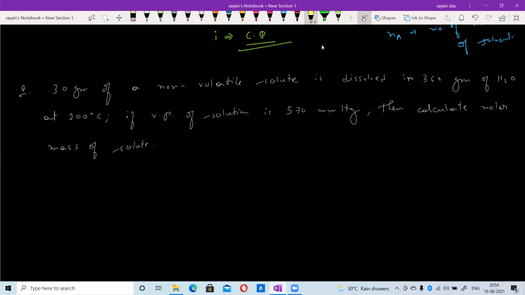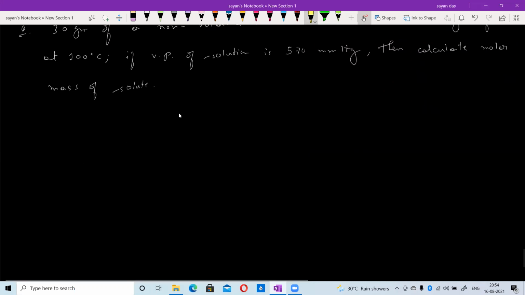Look, how can you solve? You know the formula: PA naught minus PA divided by PA naught equals XB. Instead of XB, you can write NB divided by NA plus NB. Now you just reverse all the stuff.